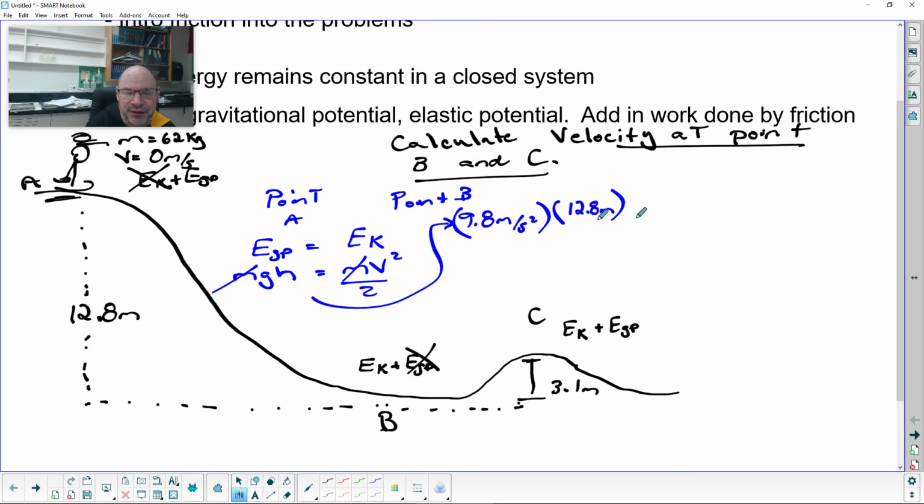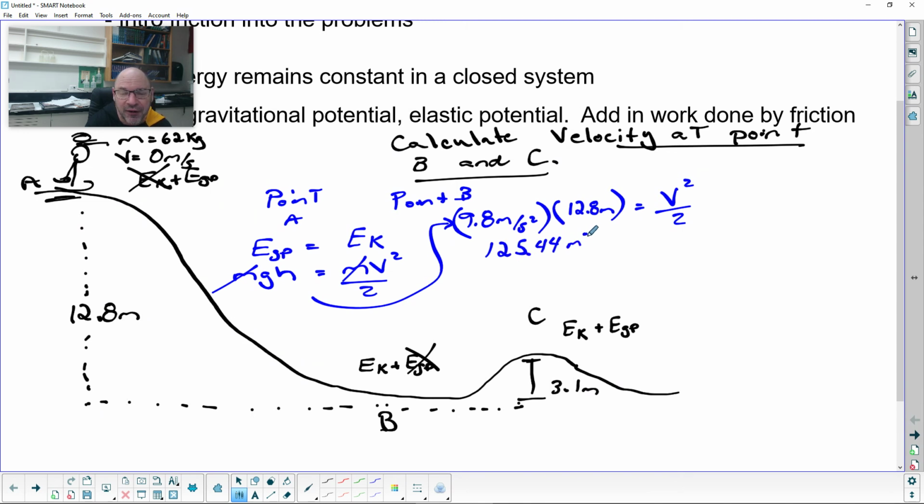And that's going to equal our velocity squared over 2. Okay, so we're going to solve for our v. So we're going to multiply those out and then multiply by 2. So 9.8 times 12.8. Okay, that's 125.44.